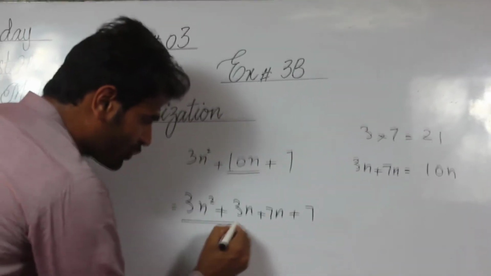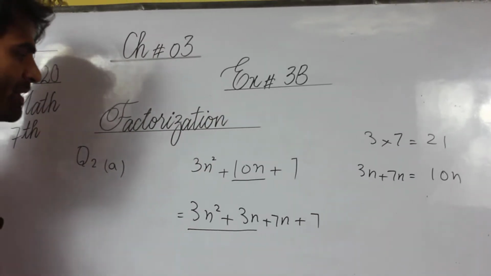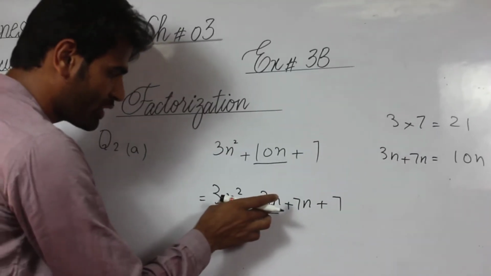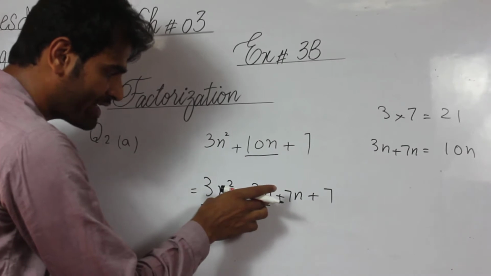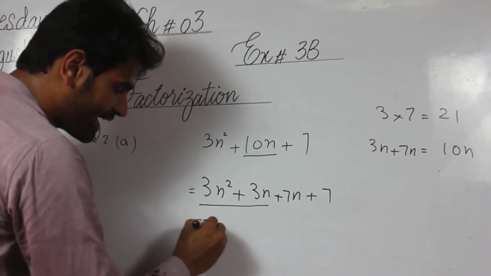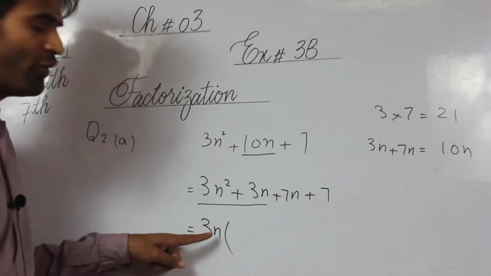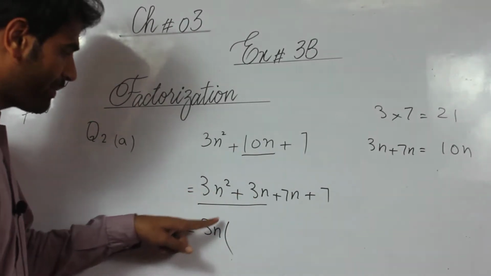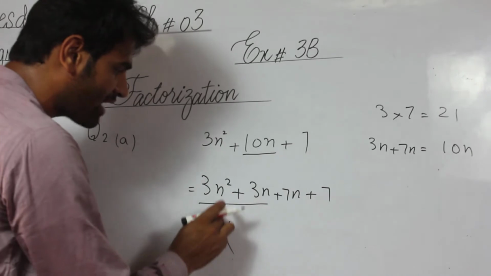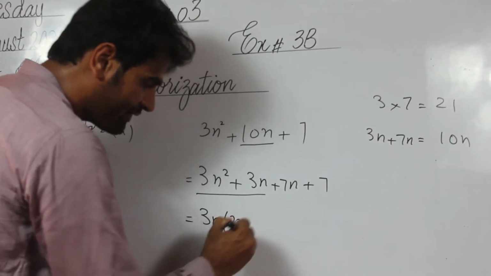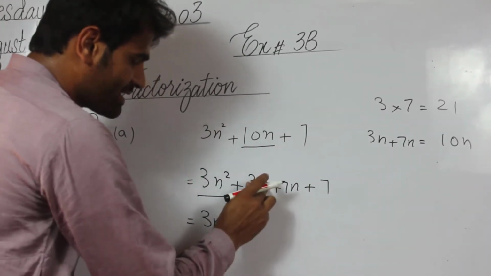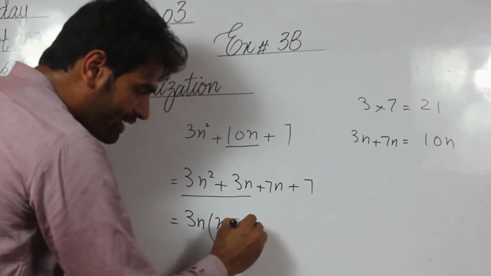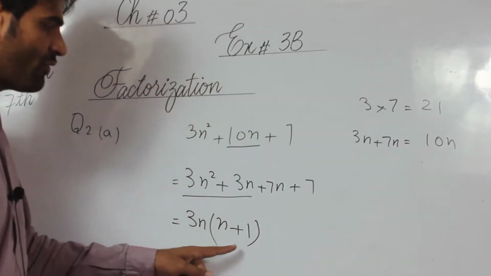In the first two terms, I see which factor is common: here 3n is common. So we divide both terms by 3n. When I divide, 3 remains 1, and taking n common from n square leaves n. Plus, I take the whole 3n, so here left is 1.